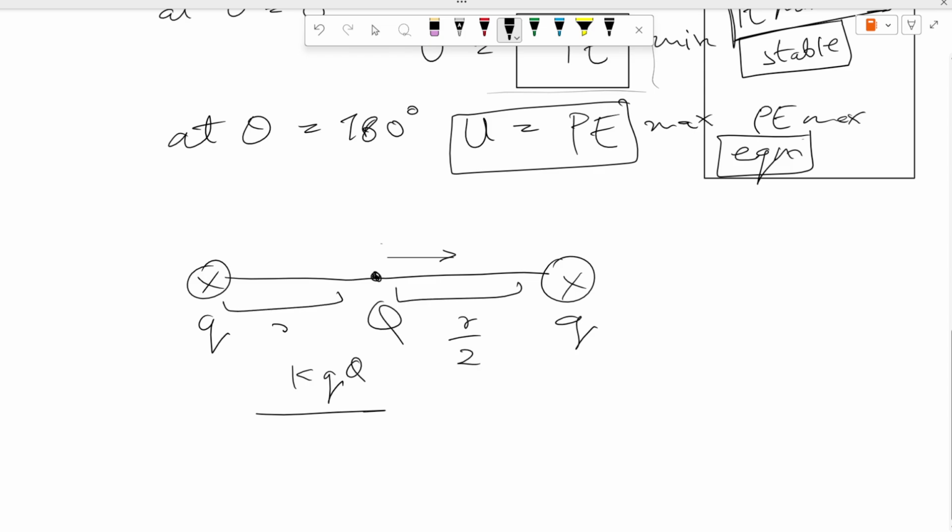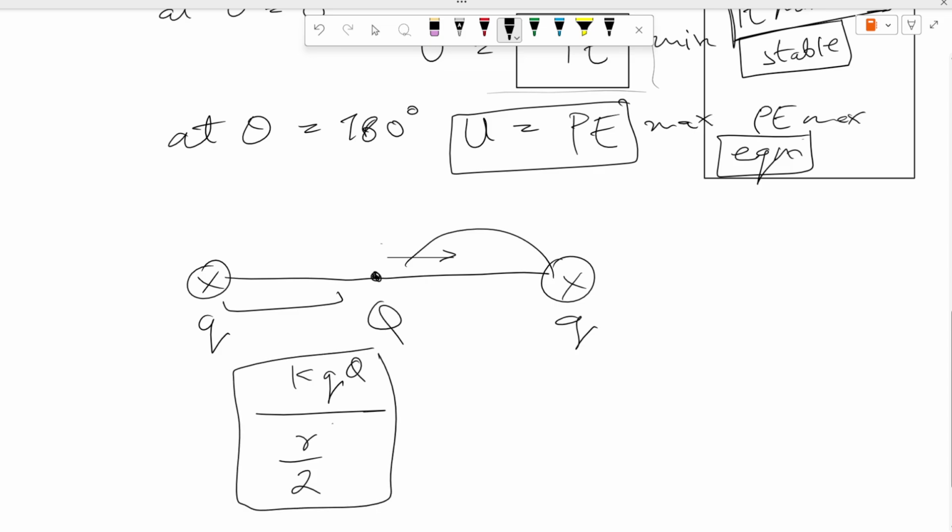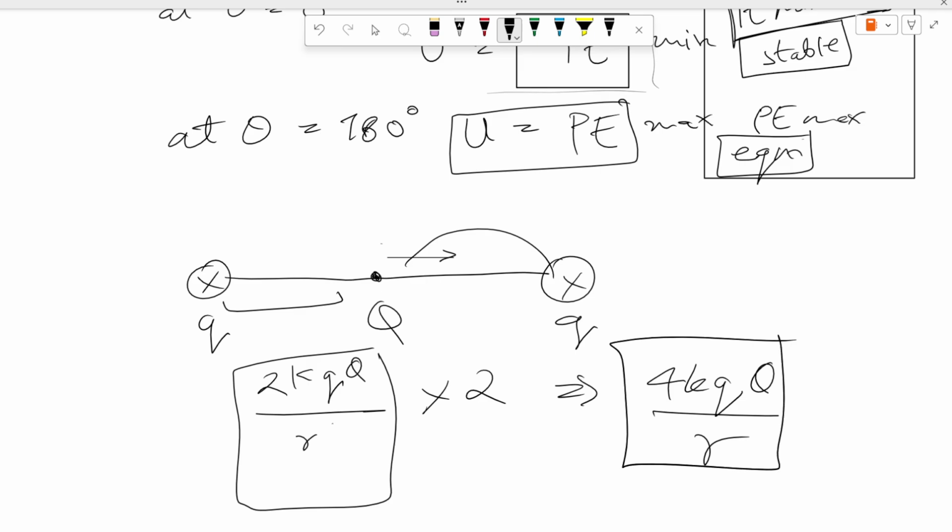Both of them are r by 2. This is the potential energy because of this, and we just double it, so we get 4kq upon r.